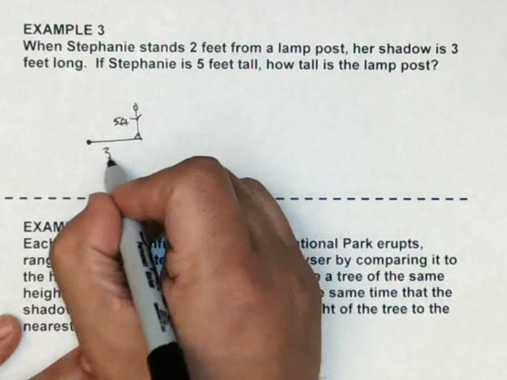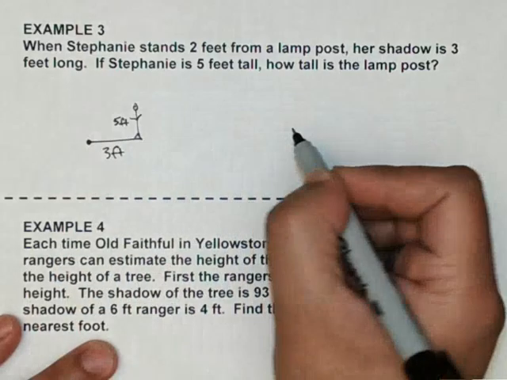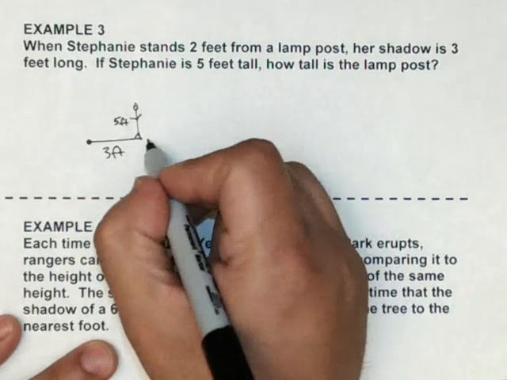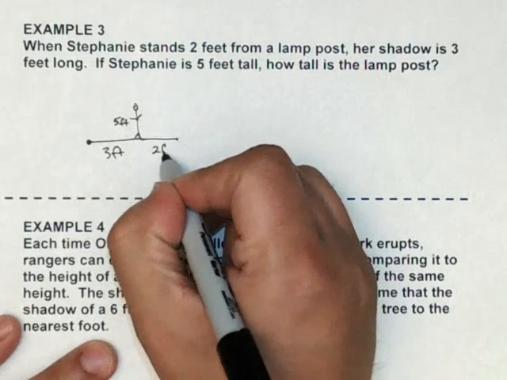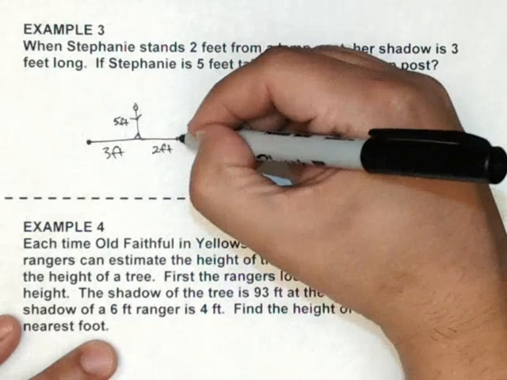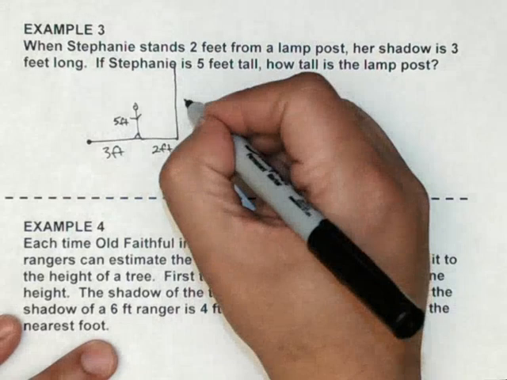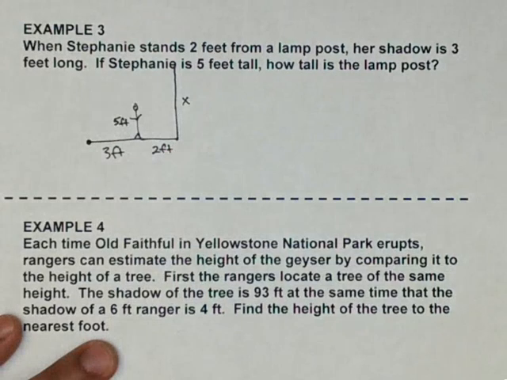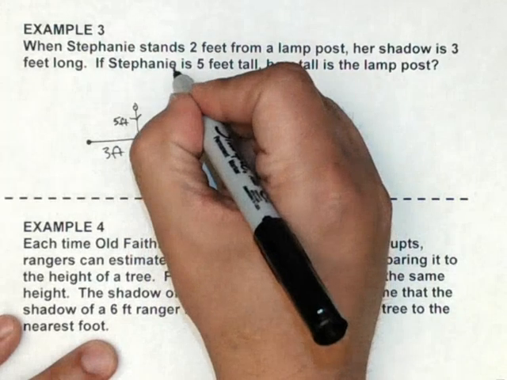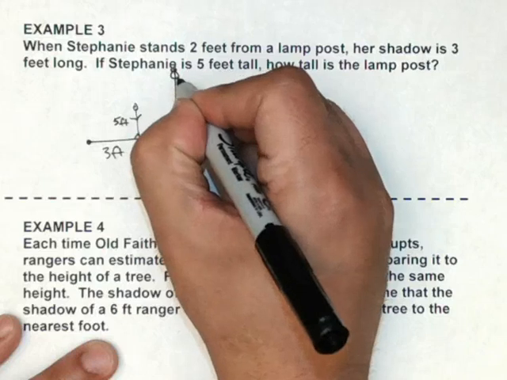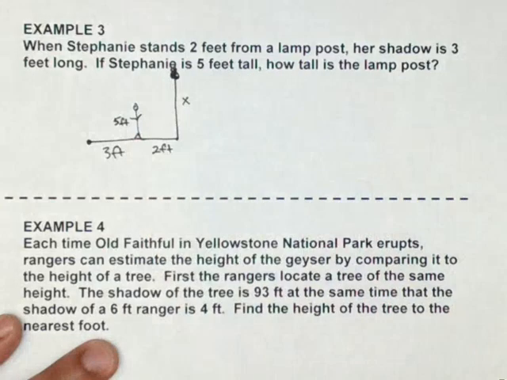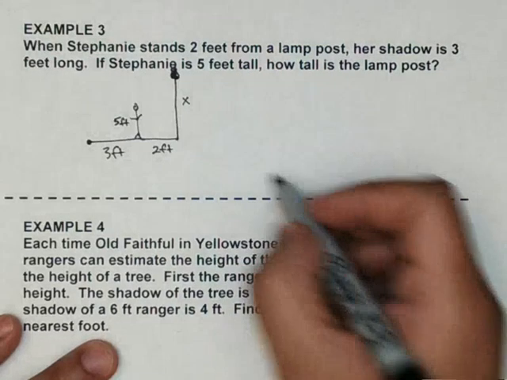Her shadow is 3 feet. She's 2 feet away from the lamppost. We want to know how tall the lamppost is. There's my lamppost. So let's do a proportion.